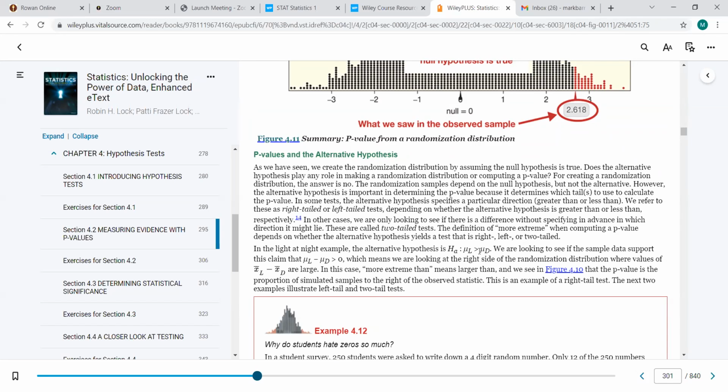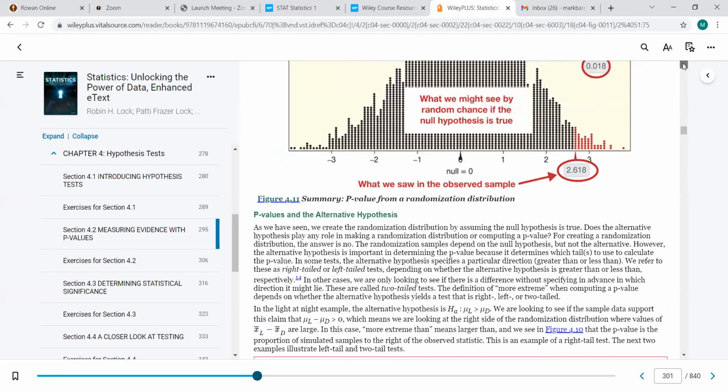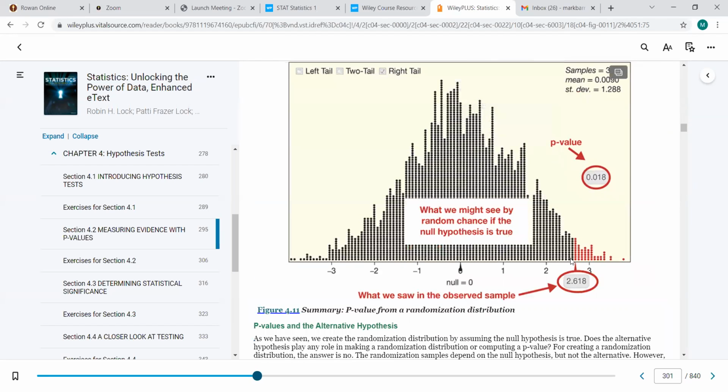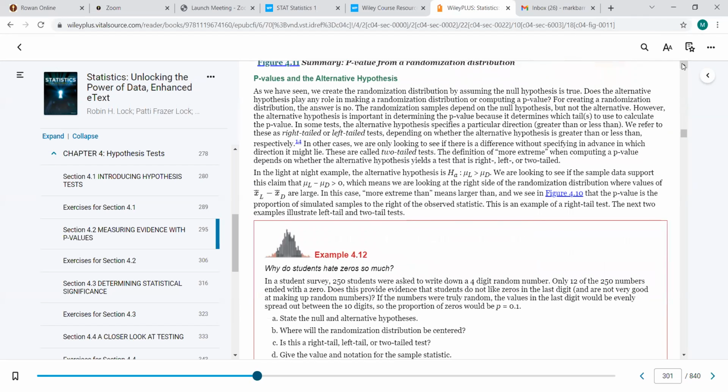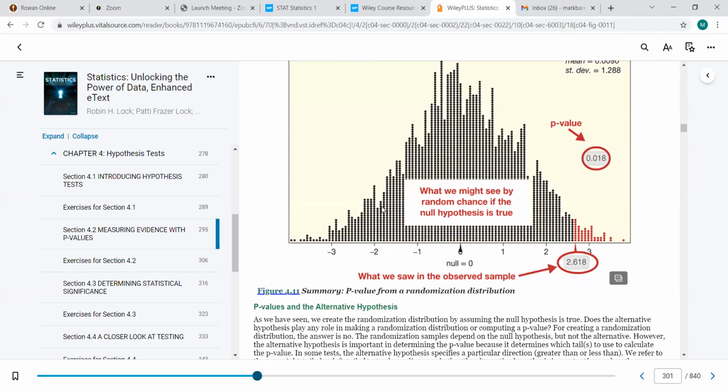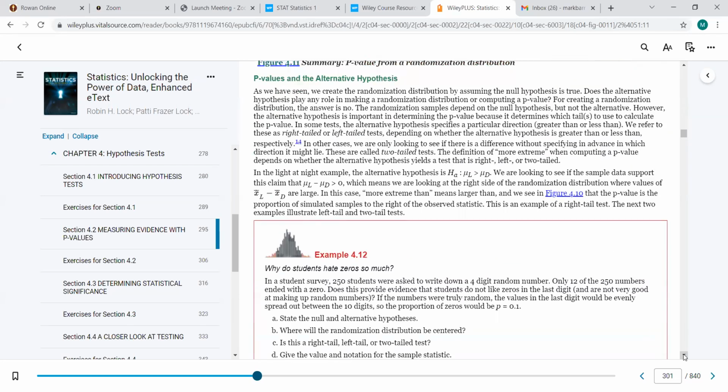So if it's greater than, we're going to look at the right tail, because it's greater than. We're going to look out here. For examples where the alternative hypothesis says less than, we're going to look at the left tail. And then the special case, and I'm not going to go through it now because it'll just add more confusion right now: when we have not equal to in the alternative hypothesis, we're going to be looking at both tails, the left tail and the right. That's not something we're going to do right now.